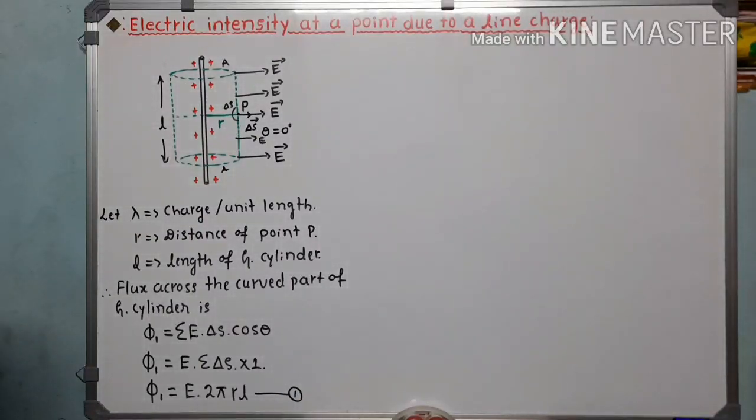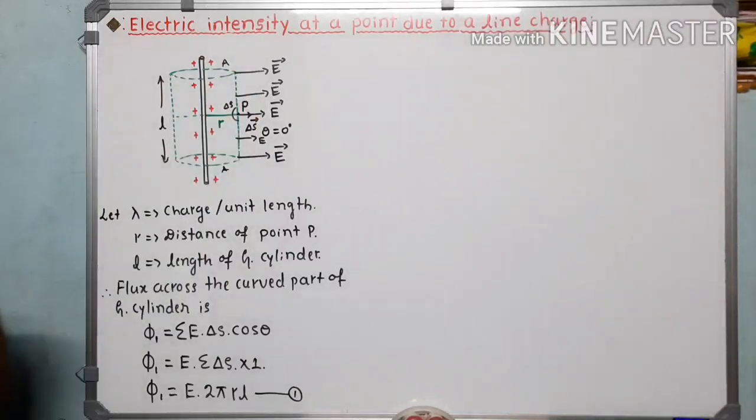This is the flux through the curved part of the Gaussian cylinder.